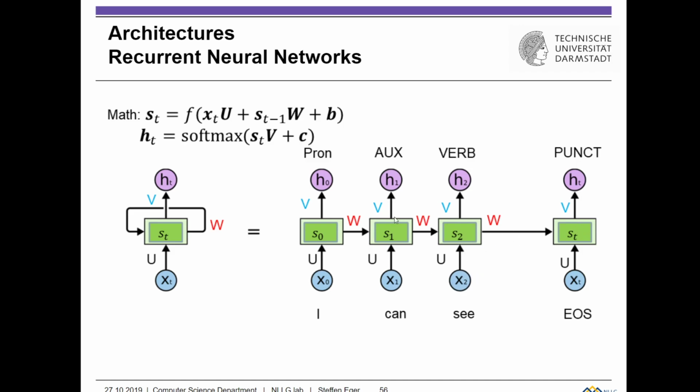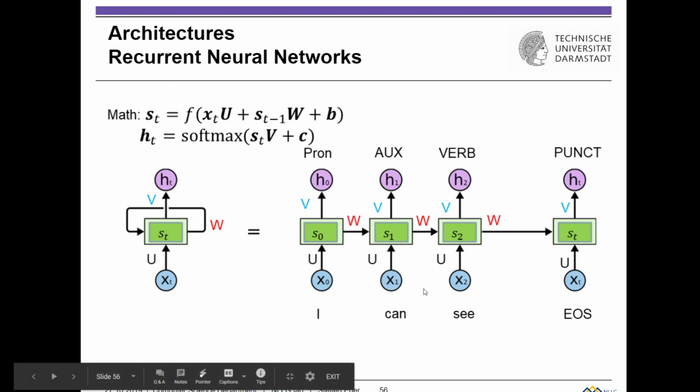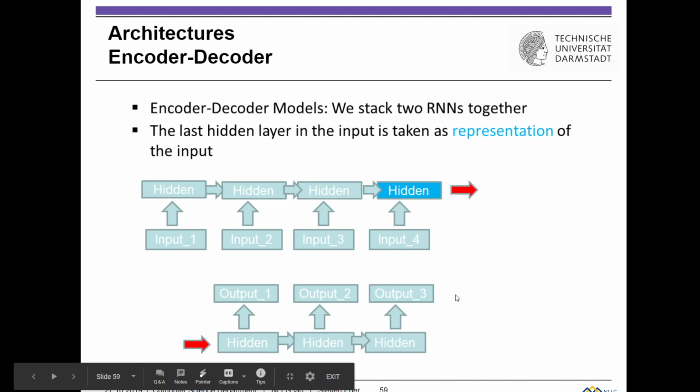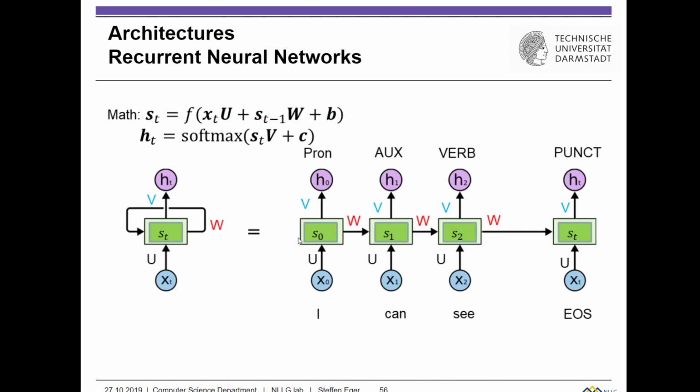And of course you can go back. Because this hidden state is also informed about its previous hidden state, you're also informed about what has been input two time steps past. And of course you can go back infinitely long, so you really have the whole history at your disposal when you want to make a new classification.